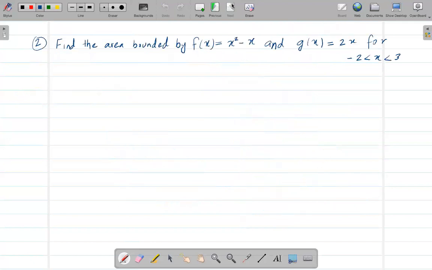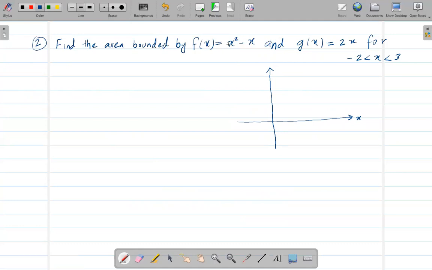Okay. Now the second one. Find the area bounded by these two. So let's make a graph again first. The f of x graph is going to be x squared minus x.